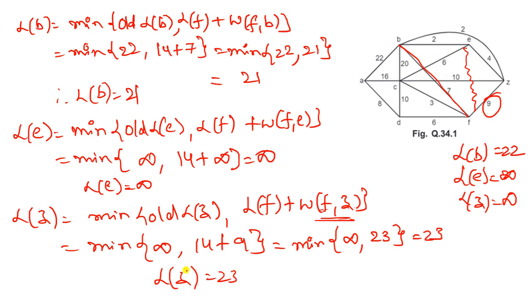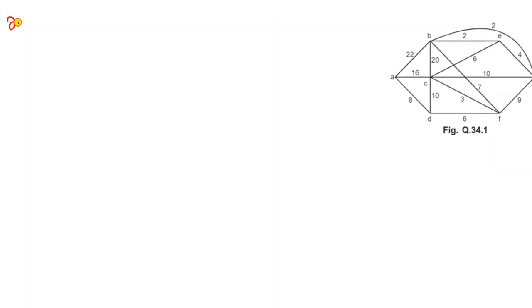So from F we can visit Z with 23. Okay, directly. But we have another minimum label called 21. Okay, so keep aside. L of B, L of Z we get here. Right? So from this particular step 4, what is the minimum label value among 22 and 21 and 23? 21 only.